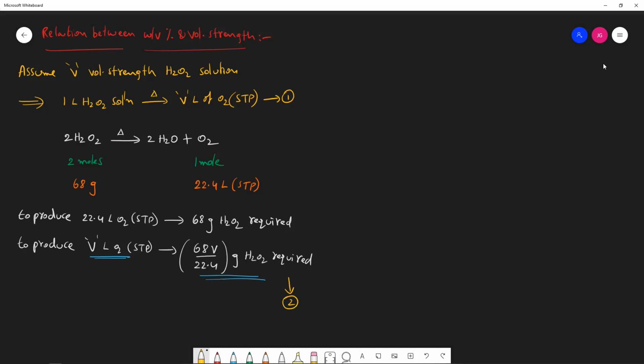So now if you carefully examine equation 1 and equation 2, in equation 1, to produce V liter of oxygen, how much volume of H2O2 solution you have taken? That is 1 liter of H2O2 solution you have taken. And in equation 2, to produce the same V liter of oxygen at STP, how much mass of H2O2 you have taken?